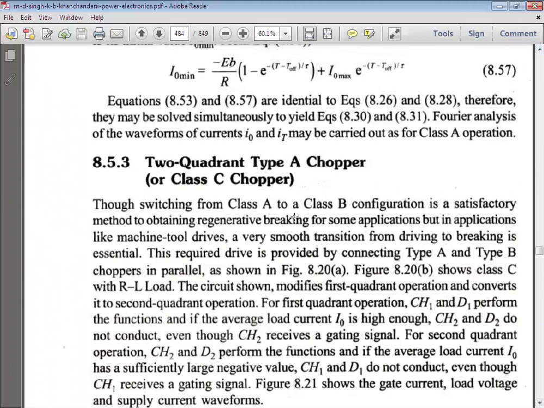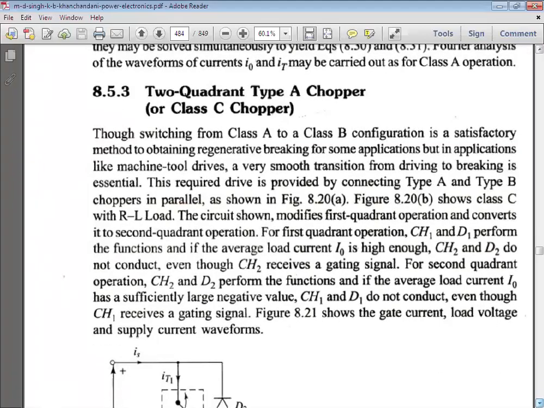Now we will go to the next, that is the two quadrant or class C chopper. Class C chopper is the combination of class A and class B. You can read this.